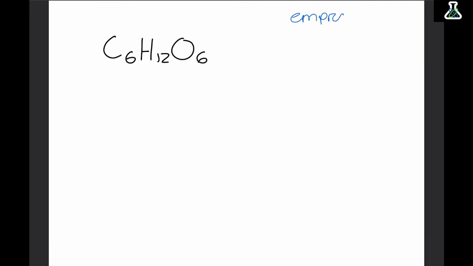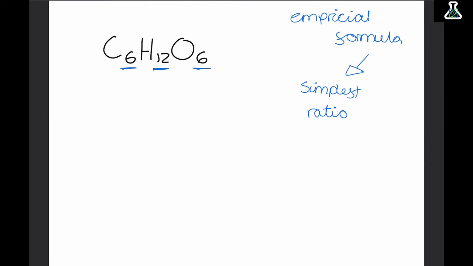Empirical formula is the simplest ratio of all the numbers in a compound. So if we have this molecule here, which is glucose, we have C6H12O6. Now this is quite a big molecule, these numbers are quite big. So sometimes we want to simplify it down, so we only have to work with smaller numbers. Now we want to find the highest common factor between all of these, and that is 6.